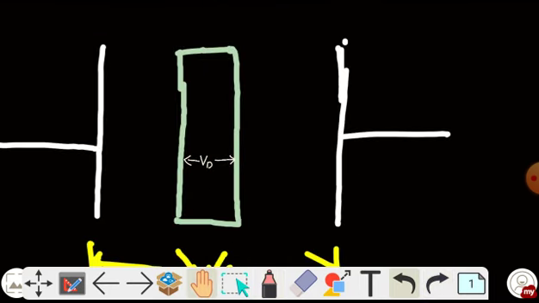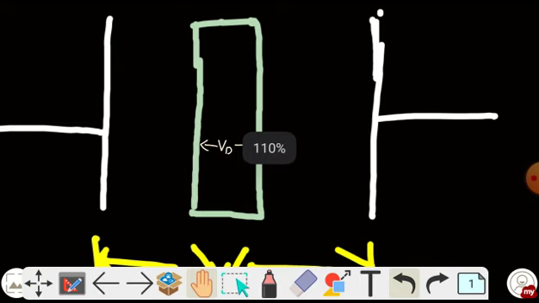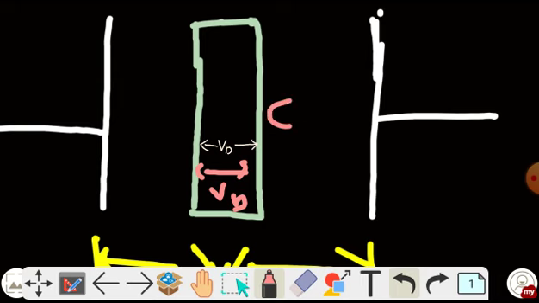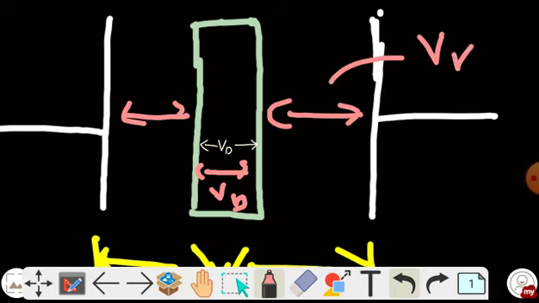I have assumed the potential difference in the region of dielectric is V subscript D, D for dielectric, and in the remaining portion in which there is vacuum, I have assumed the potential difference is V subscript V, V for vacuum, in this remaining portion, both of them together.